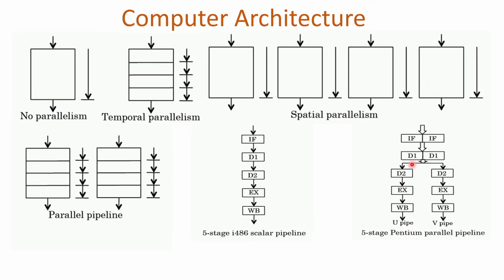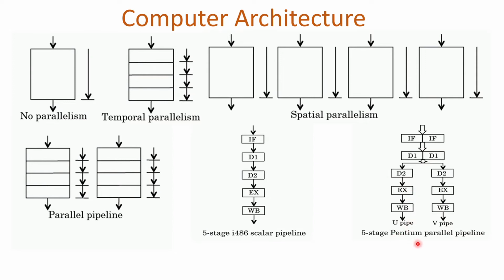Ultimately the total number of fetches and decodes is twice that of the i486, and similarly for execution and write back. So this is an example of a parallel pipelining.